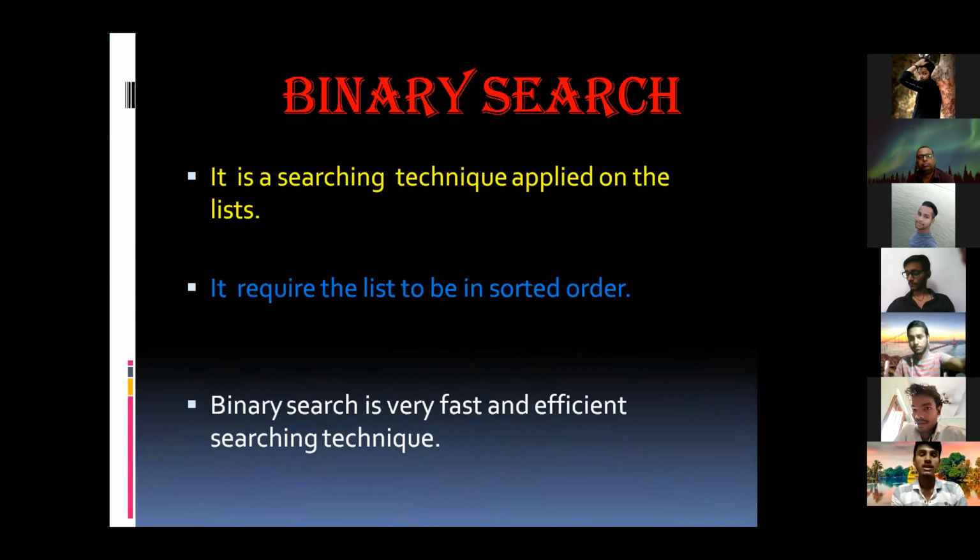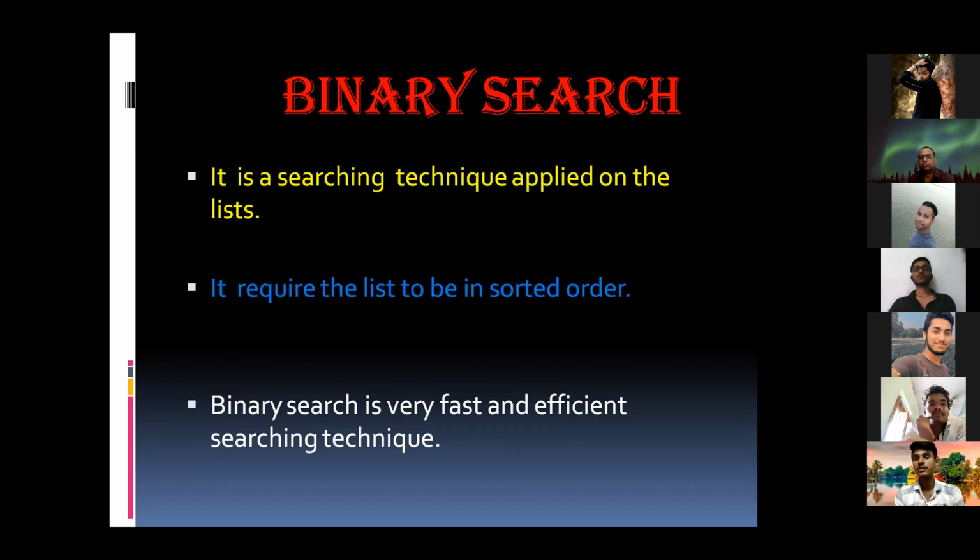Now, binary search. It is a searching technique applied on the list. It requires the list to be in sorted order. Binary search is a very fast and efficient searching technique. In this technique, the search element is first compared with the center element which is present in the list.